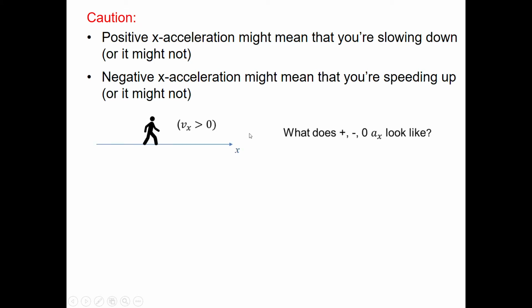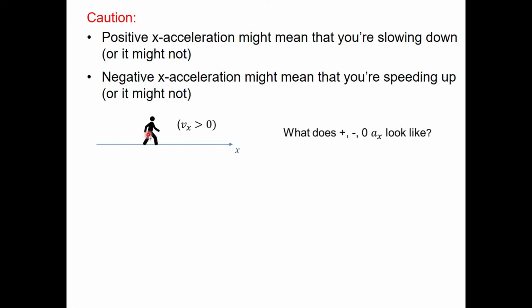If you are moving in the positive x direction, or the thing that you're describing is moving in the positive x direction, that means that the x velocity is positive. In that case, what does a positive x acceleration look like? If you're moving in the positive x direction, positive x acceleration means exactly what you think it means.